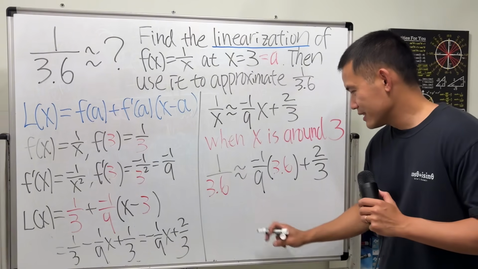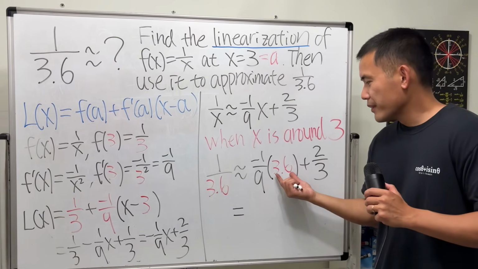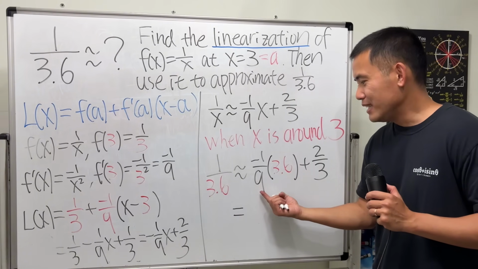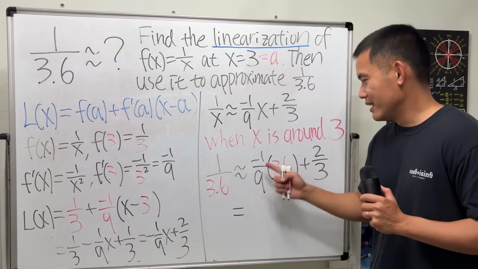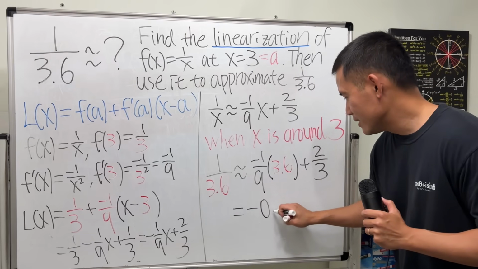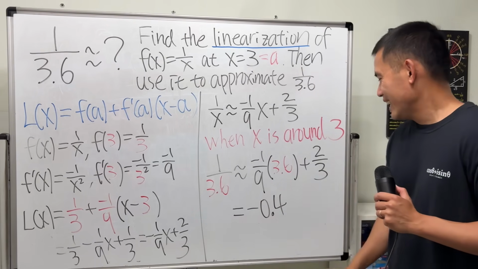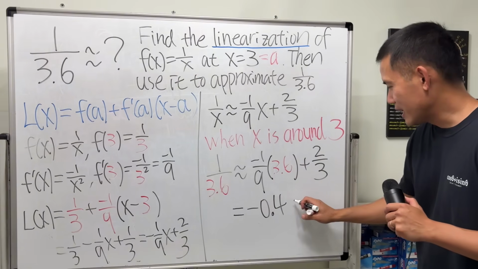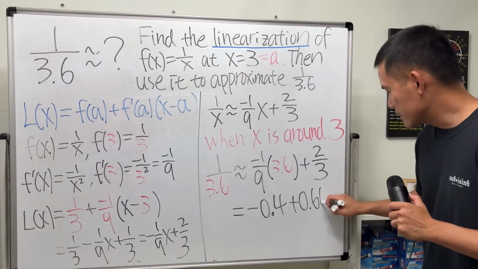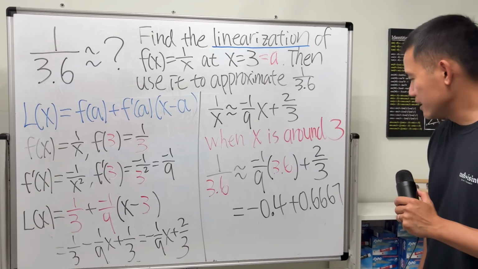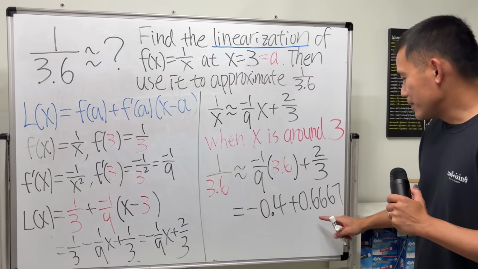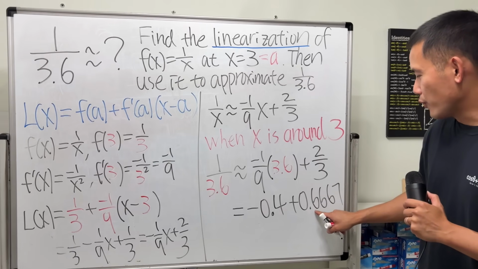Now check this out. This is equal to what? 3.6 divided by 9 is 0.4, negative. Told you, works out pretty well, right? And then 2/3, you should know that as 0.6667. Add them up. Of course, you can just subtract 0.4 from here.